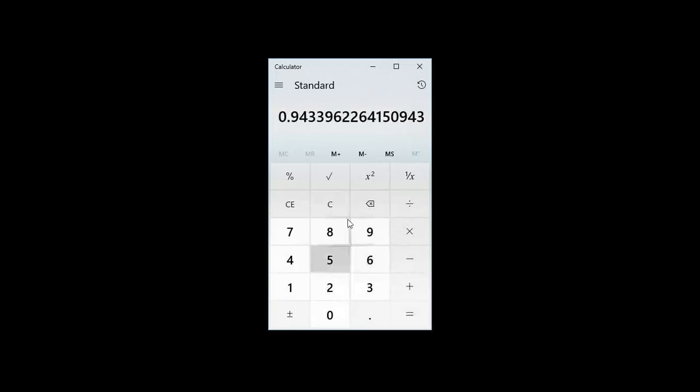After 1 year, 1 pound will be 0.94. Carry on dividing by 1.06. After 2 years, it will be 89 pence. In the third year, it will be 0.83.